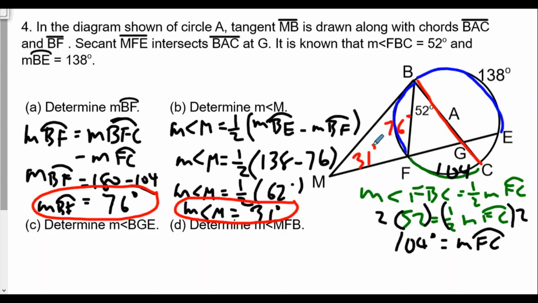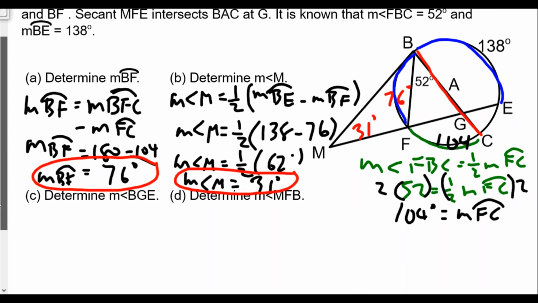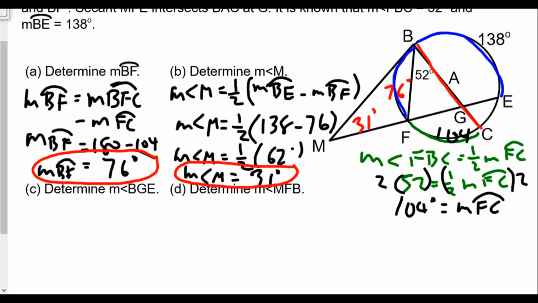And so I'll put this here because we may need that later on too. Who knows? So our next question for question number 4, because it's 4 of them, it's a very involved problem. And again, drawing your diagram very big helps you to fill in the information you need. Measure of angle BGE. Well, the measure of angle BGE just happens to be the same exact measure as angle FGC because they're vertical angles.